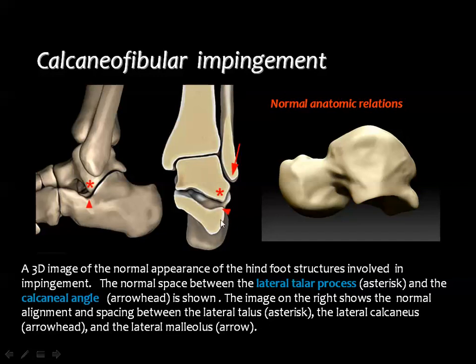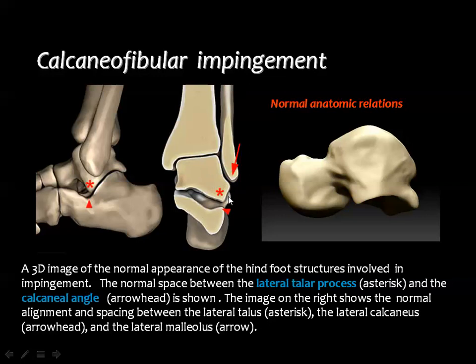But if there are osteoarthritic changes here in the talocalcaneal joint, there will be some valgus deformity of the calcaneus. Then the talus will go medial and the calcaneus will go lateral.